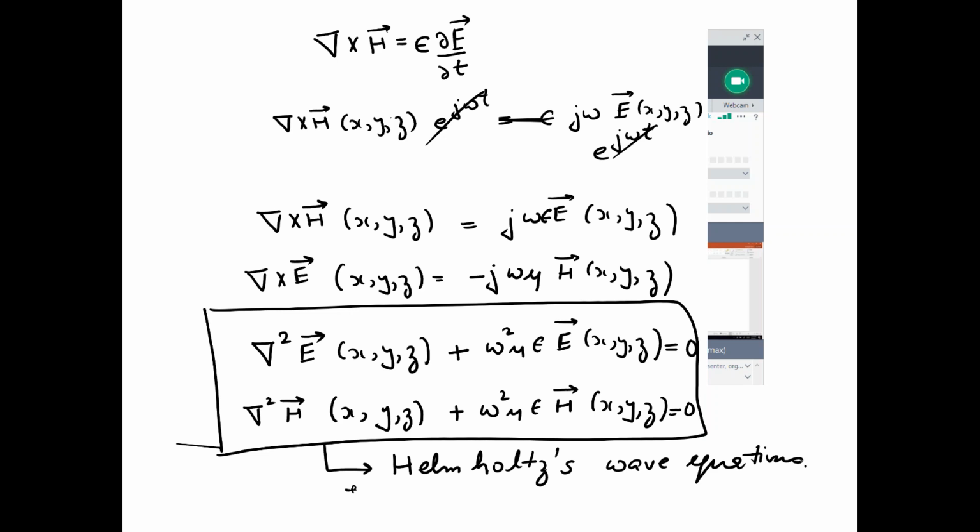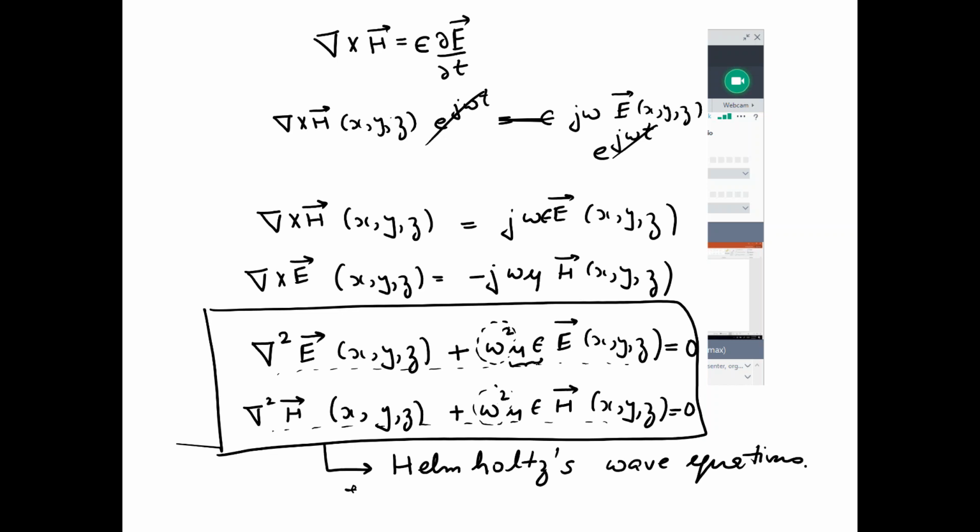What you notice in the Helmholtz wave equation is that this equation here or this equation here is now only a function of one field. It's a second order differential equation. The second order differentiation happens in space. The time component, the variation of the electromagnetic field in time, is accounted for in this term omega square.